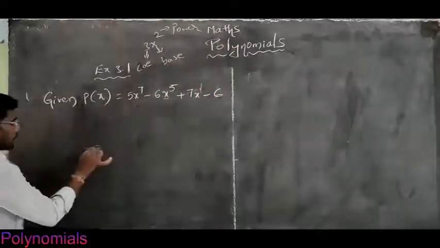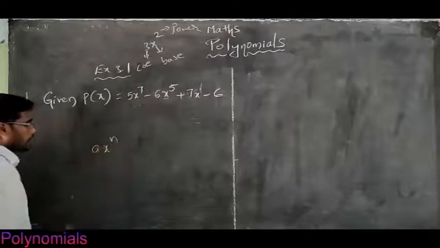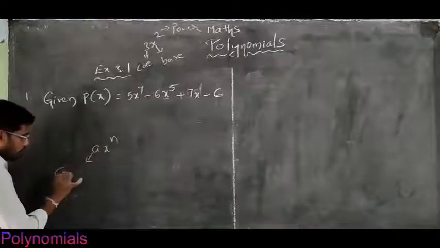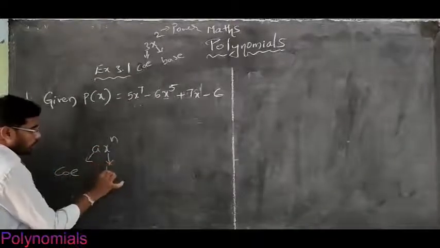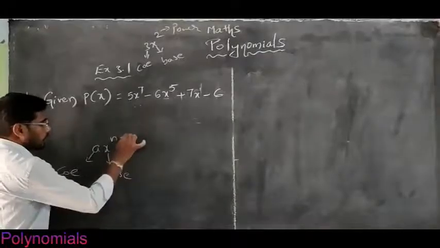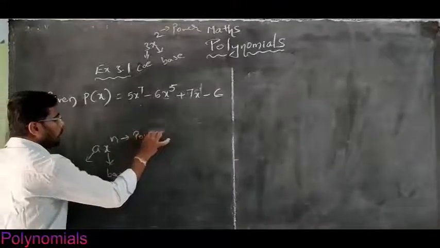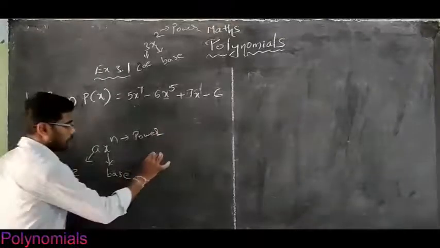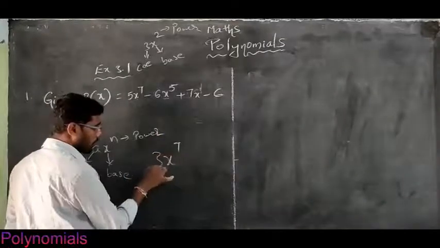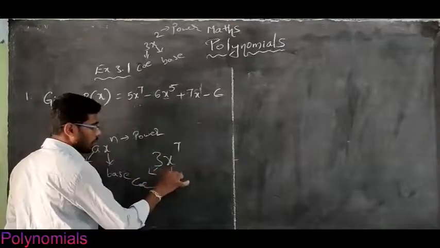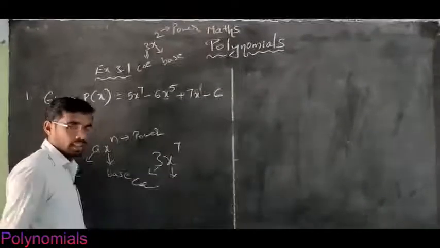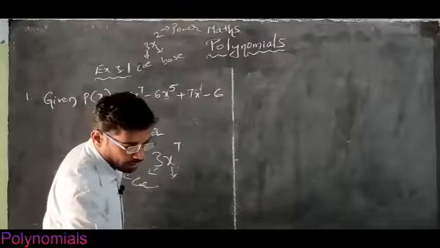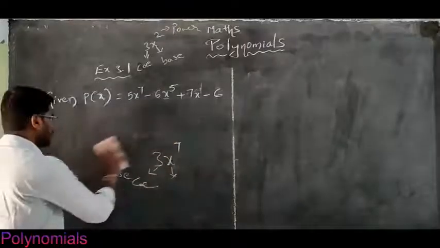Suppose a x to the power of n: here a is the coefficient, x is the base, n is the power or index. If we take 3x to the power of 7, 3 is the coefficient, x is the base, and 7 is the power, index, or exponent.